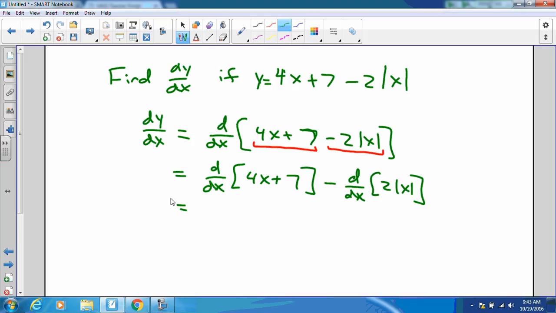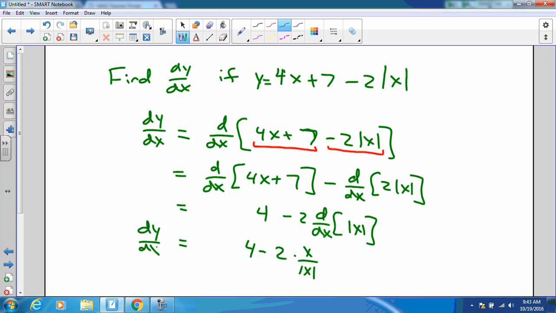Here I have a linear function rule, so its derivative is going to be 4. And here I have a constant multiple rule, so I move that constant to the left side. Now the derivative of the absolute value of x is x over the absolute value of x. And since this is equal to dy/dx, I just repeat myself and we're done.